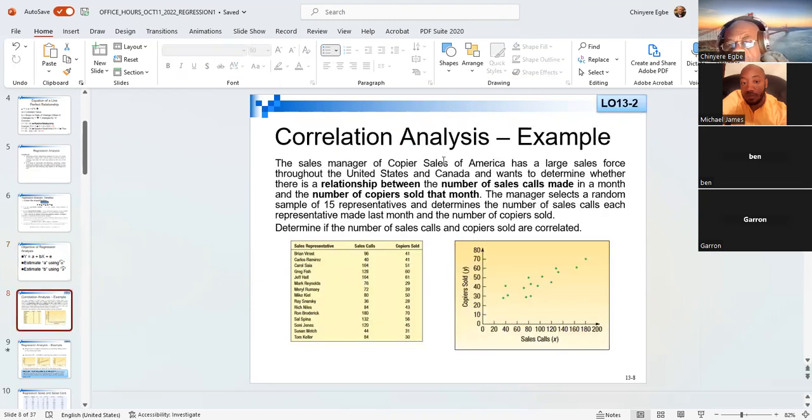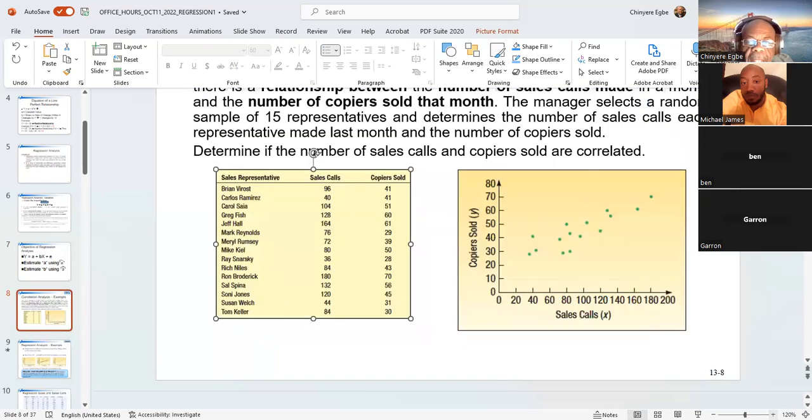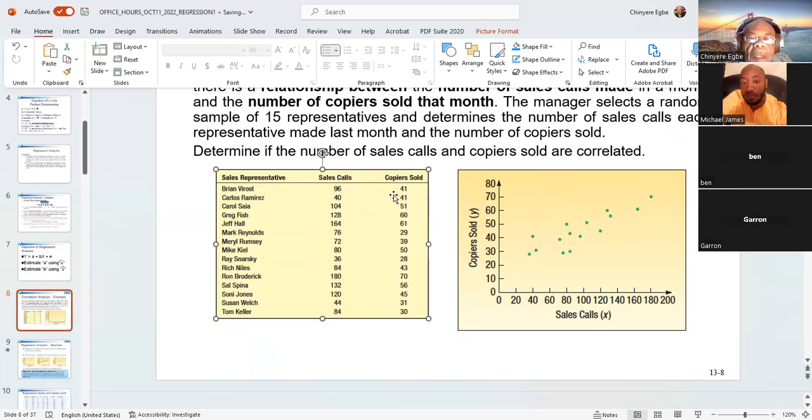And in order to do our estimation, we use data sets. Okay, for example, the quantity of copiers sold depends on the number of sales calls. Essentially, we are saying that the more calls that a salesperson makes, then the more copiers they sell.